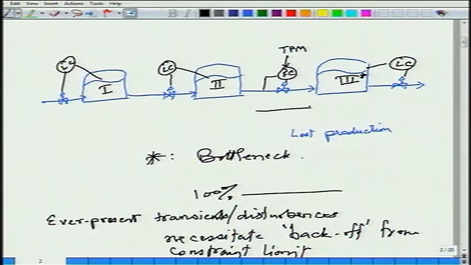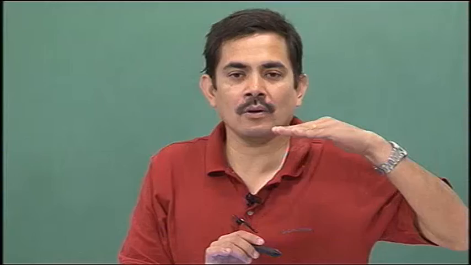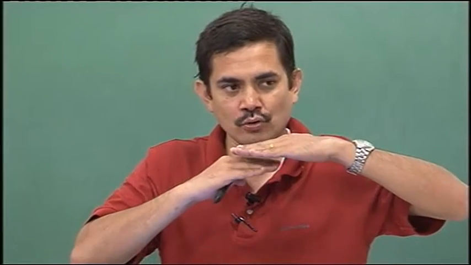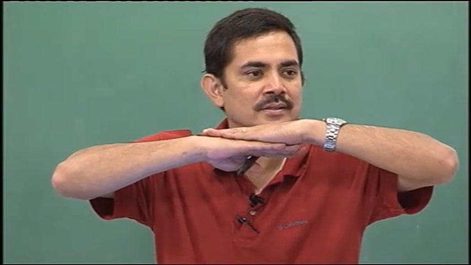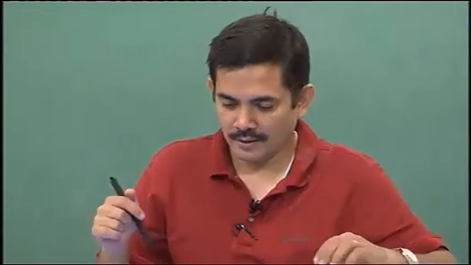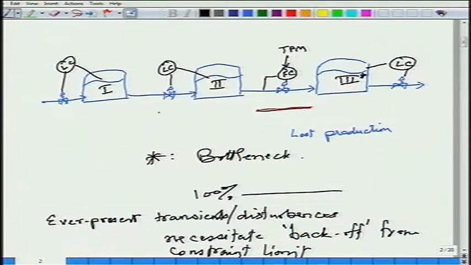Flow here will be constant, and therefore I can jack this flow set point up to be basically at my constraint limit. Red is something that I cannot violate, but since my control is extremely tight, I am operating basically at 100% capacity. Yes, there will be some variability here, there will be more variability here, and there will be some variability here.